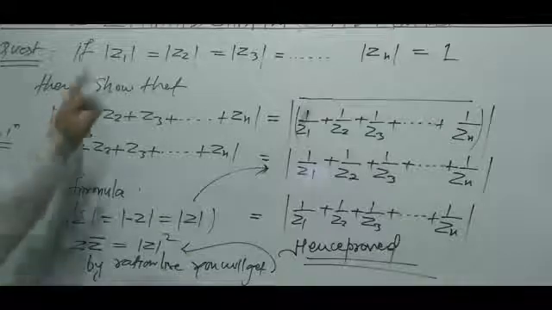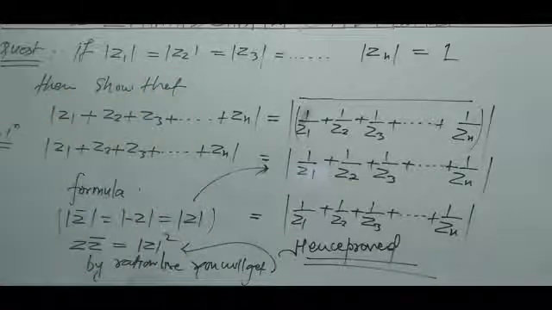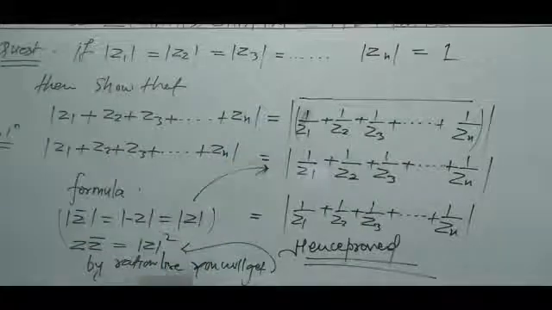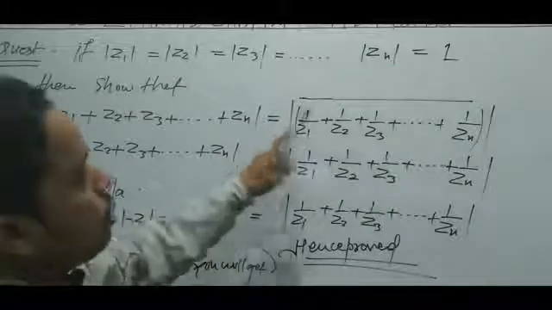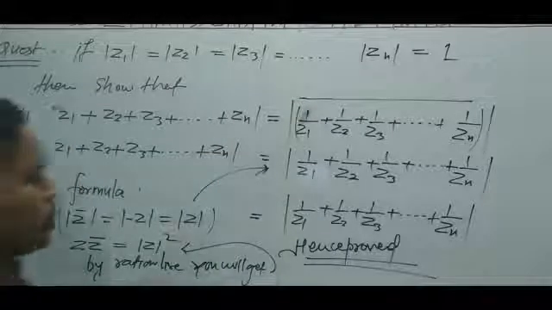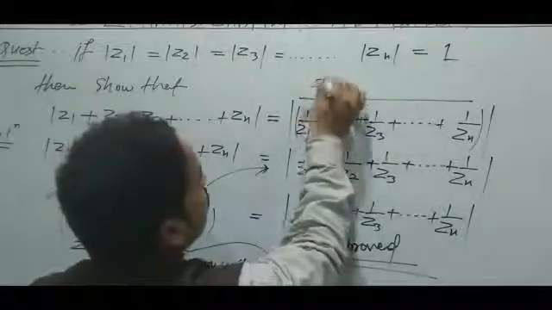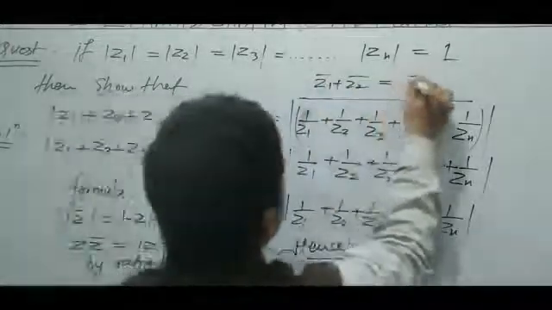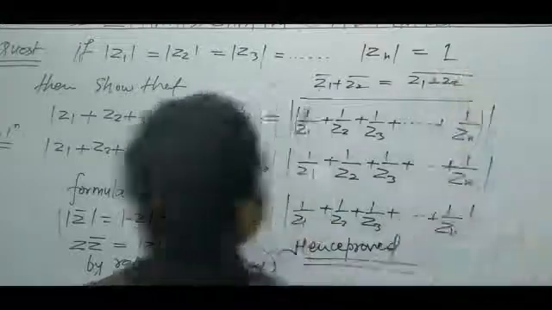And now this is the condition: all these values are equal, so we can put the value 1. So here you will get 1, 1, 1, 1. And now the conjugate of the sum of two complex numbers is always equal to the sum of their conjugates. We have already discussed this formula: conjugate of z1 plus z2 is equal to conjugate of z1 plus conjugate of z2.